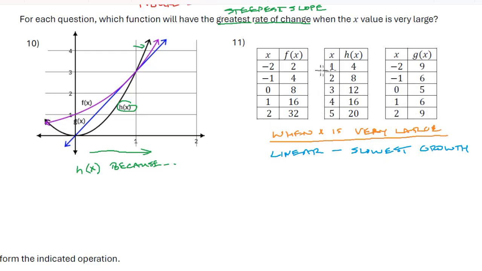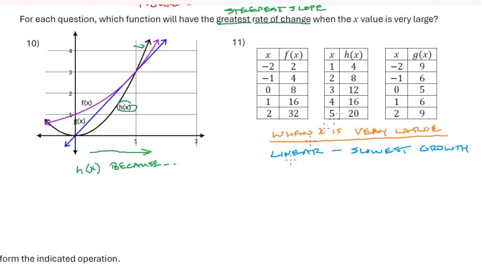Don't be fooled and look at f of x and go, oh, that has a 32. That's the biggest rate of change. Or don't look at this and go, this is 2 times 2 is 4 times 2 is 8. Don't assume that these numbers are going to tell you anything. You're looking to see which type of graph it is and which ones will always have the largest rate of change at very large values of x.